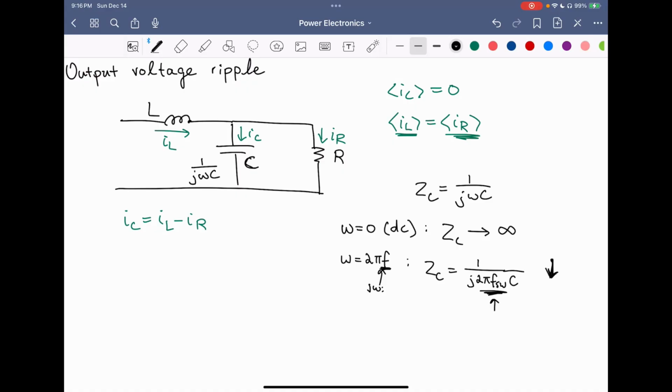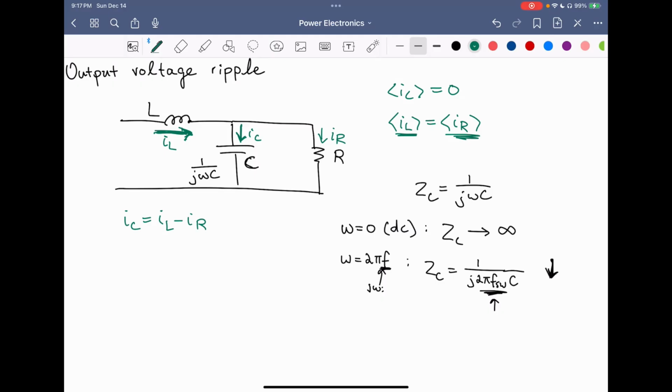If this impedance of the capacitor is small enough, the current wants to flow through the path of least resistance. So in that case, the ripple current, which is at the switching frequency and its harmonics, will choose to go through the capacitor path.